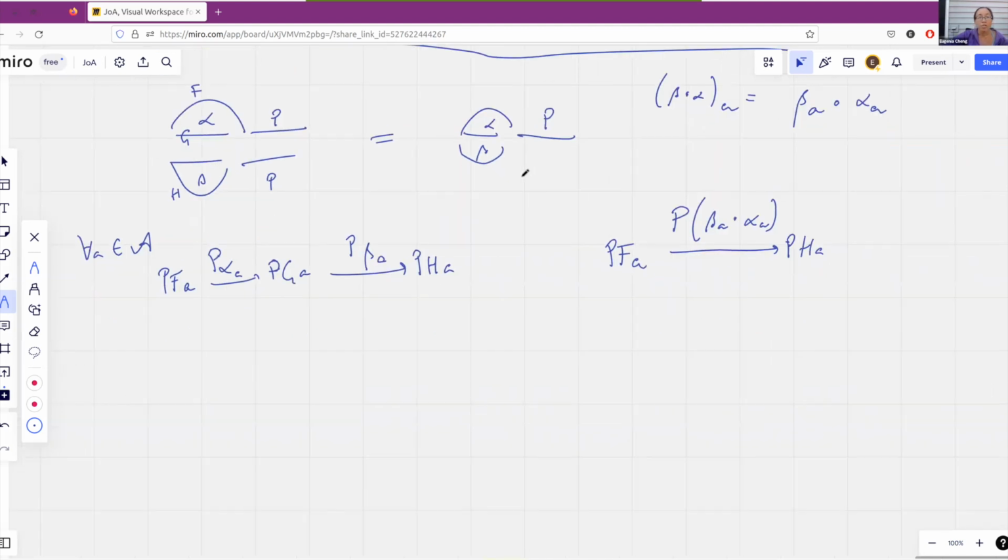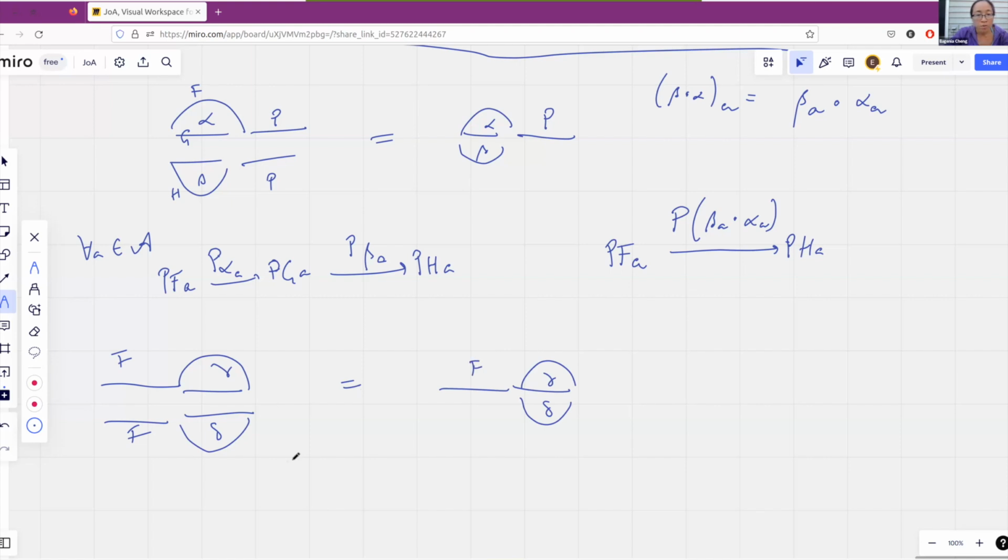Whereas if we do it the other way around, then we're doing gamma and delta with F at the beginning. And we're asking if that is equal to gamma composed with delta with F at the beginning.